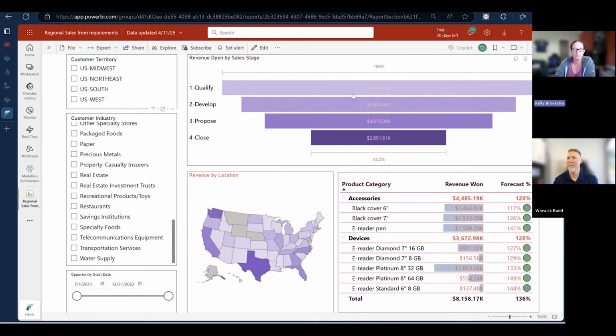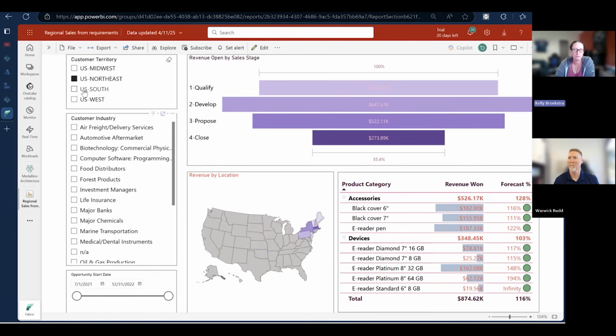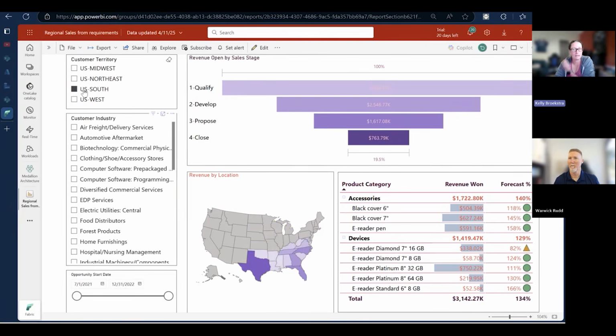And then it also shows you the different stages. So like I said before, you're converting 43% from that first qualify phase through to close. In different regions, you're converting different numbers. There you go. South has got the worst conversion.